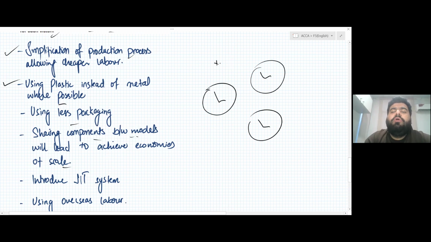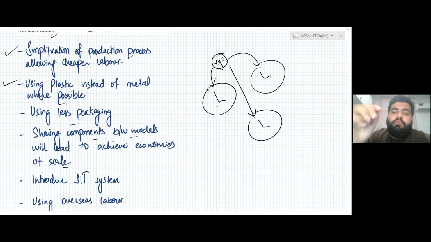One component, called for example XYZ, is used in each of them. But the watches using the XYZ component are shaped differently, so obviously you have to make that component for this watch separately, for this watch separately, and for that watch separately. So if you are making them separately, your production cost will be higher.